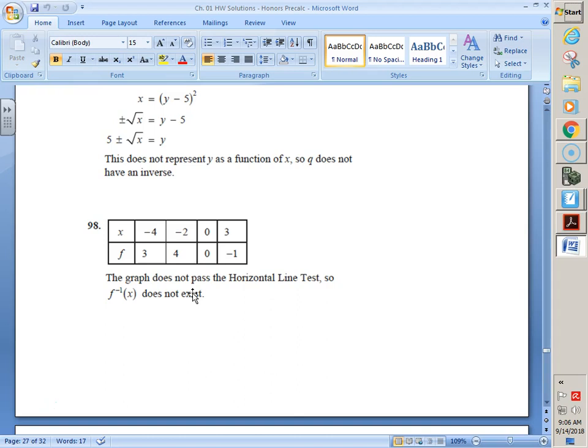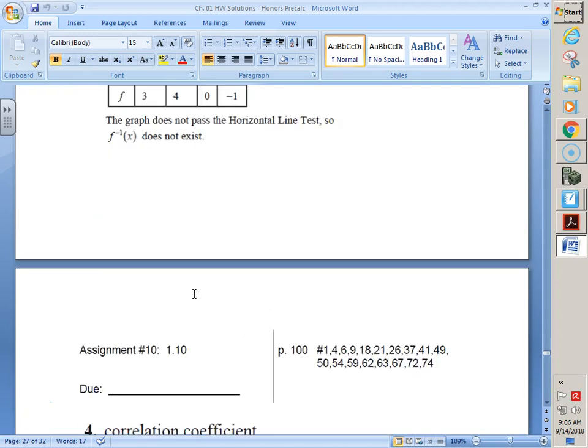But if it goes from all the values 3 to 4 and then 4 to 0, do you see how, even though we can't see it in the table, if this function is connected, and we call it continuous if it's all connected, if it has to go from 3 to 4 and from 4 to 0, doesn't that mean it's going to be crossing through y's twice? Does that make sense? It's going to have to fail the horizontal line test. So that's kind of tricky how the table shows it. It actually kind of does, but not very nicely.